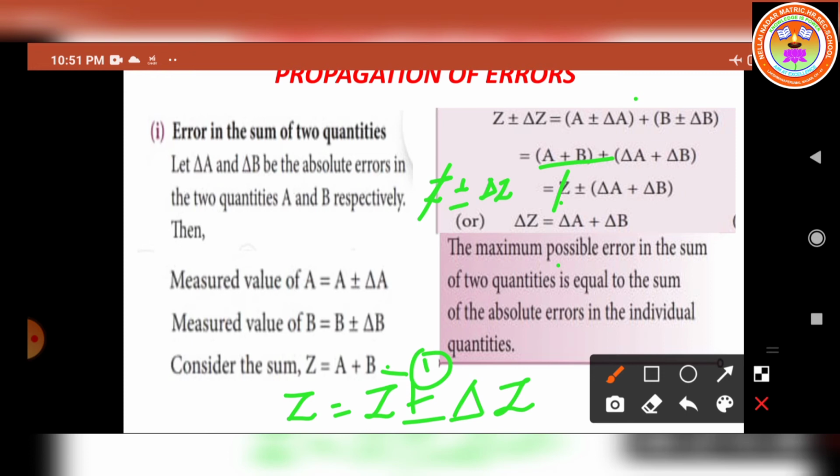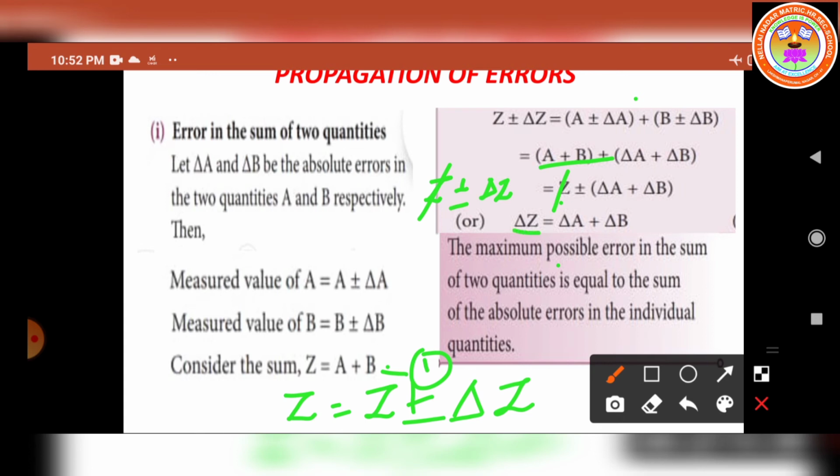So what is the error in the sum of two quantities formula? Delta Z is equal to delta A plus delta B. Using this expression, we can say the maximum possible error in the sum of two quantities is equal to the sum of the absolute errors in the individual quantities.